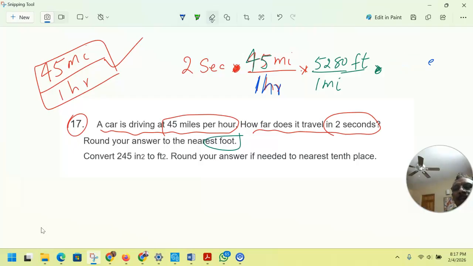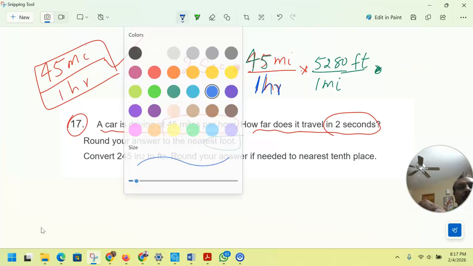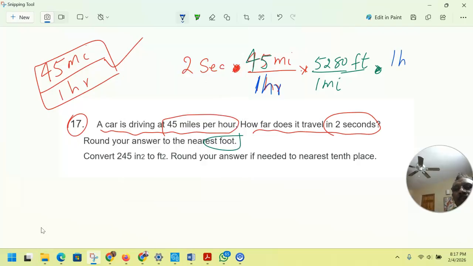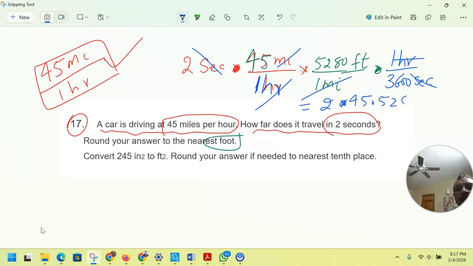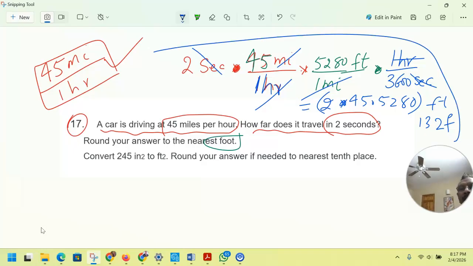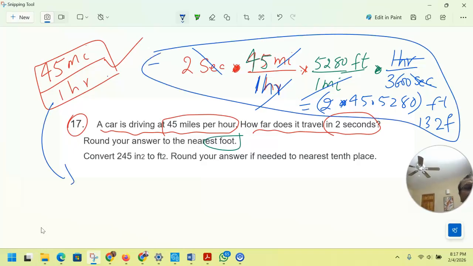So we'll write 1 hour on top and 3,600 seconds down below. That way seconds cross out, hour and hour cross out, mile and mile cross out. And you get 2 times 45, put it in the calculator, and you get the answer in feet, which is going to be 132 feet.